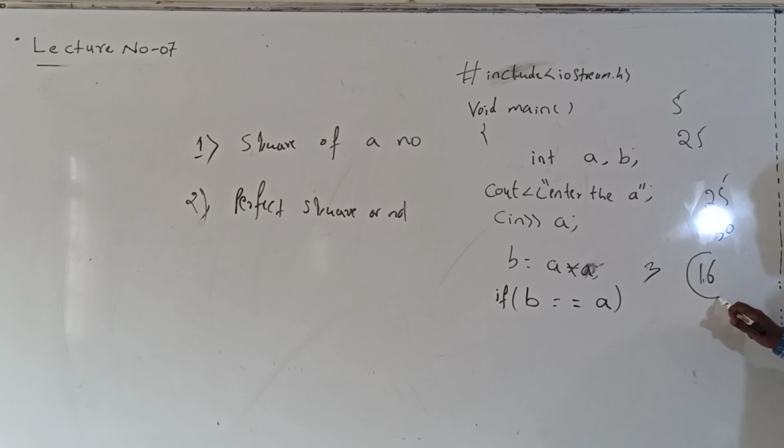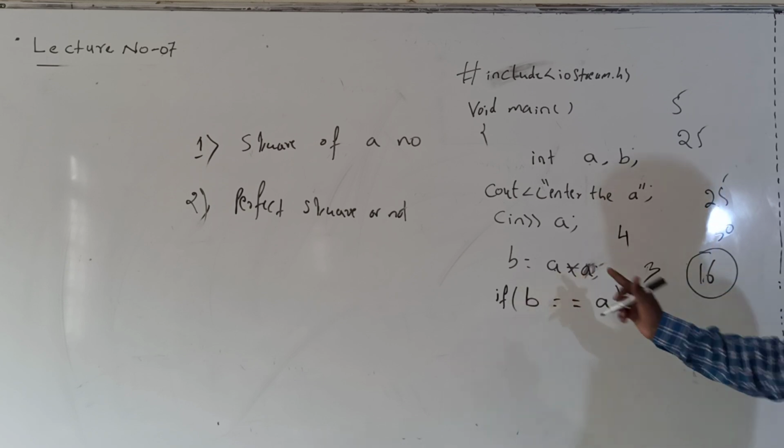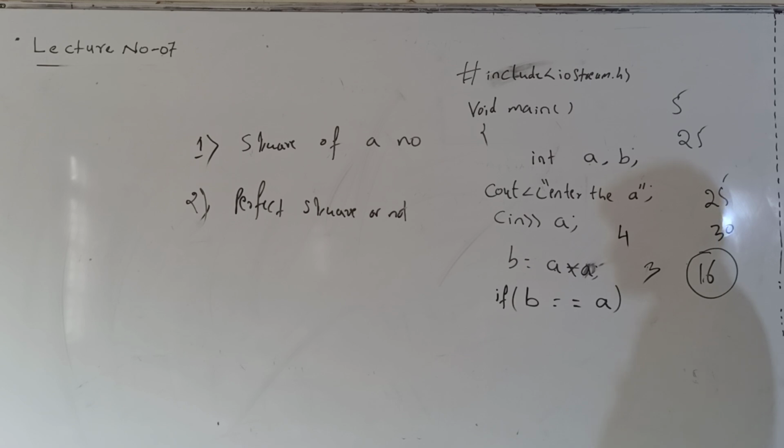Here 16 is a perfect square. I can give the input value as 4. 4 into 4 is 16, and 16 is stored in b.